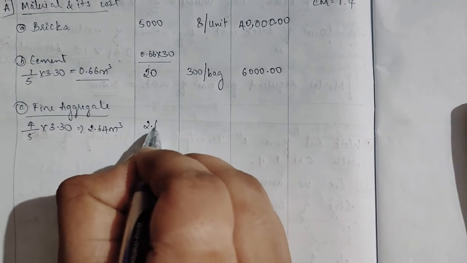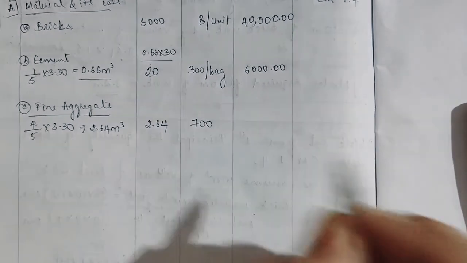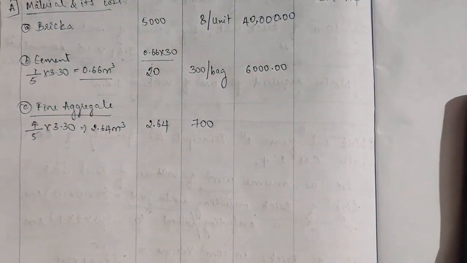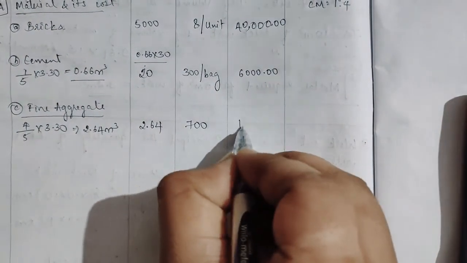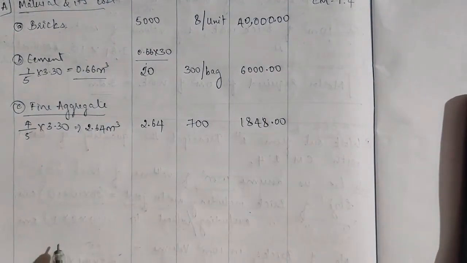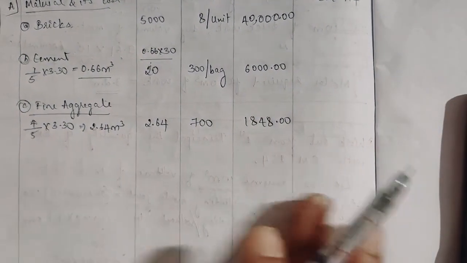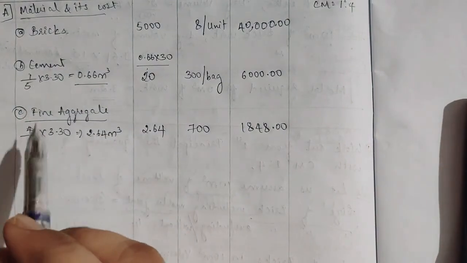So the quantity is 2.64 meter cube. So what was the rate per unit? It is 700. So 700 into 2.64, it is 1848.00. Now what are the materials required for the brickwork? Bricks, okay. Cement, okay. Fine aggregate, okay.